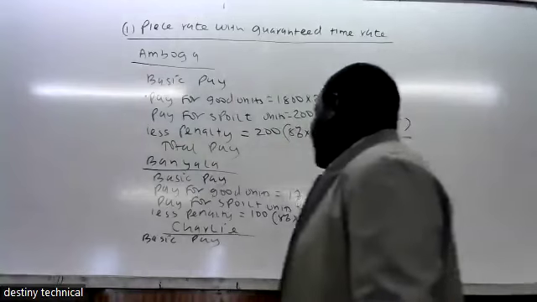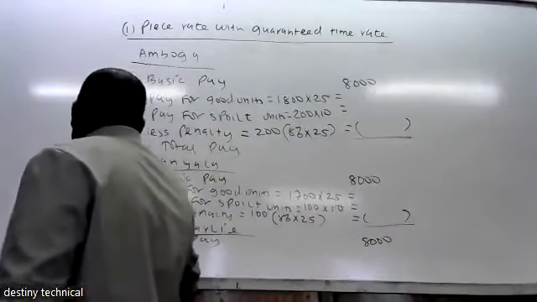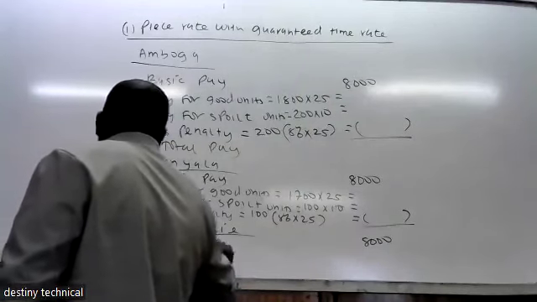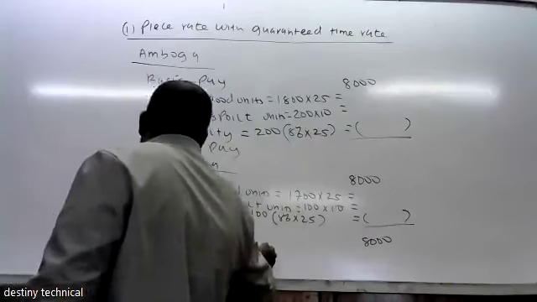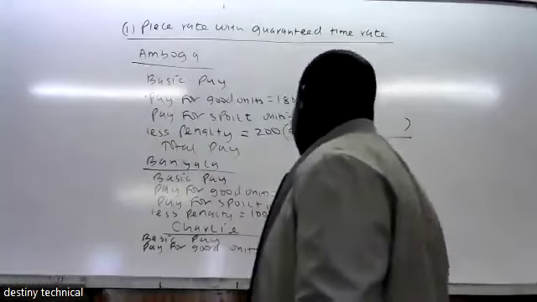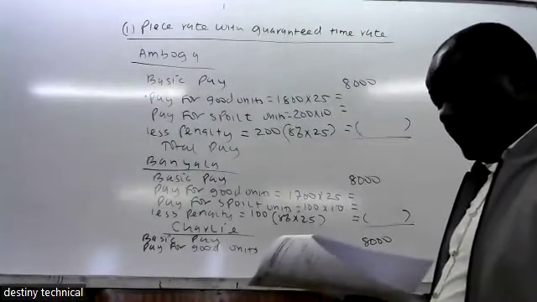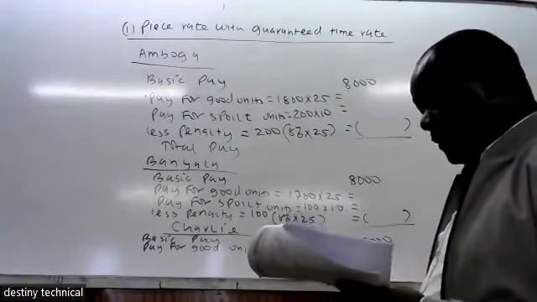Then pay for good units. So the pay for the good units should be 1,600.